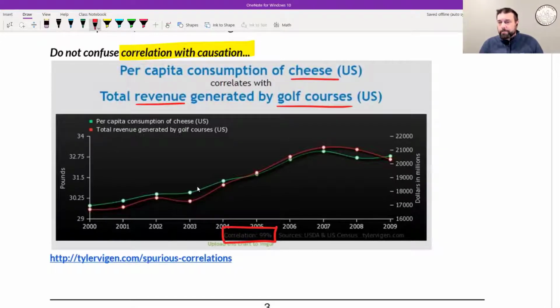Or here's another one. The government has put a molecule in cheese that makes you want to go outside and golf. And the golf industry is secretly paying senators to pass laws so that way this molecule can be included in the cheese. That's what it is.